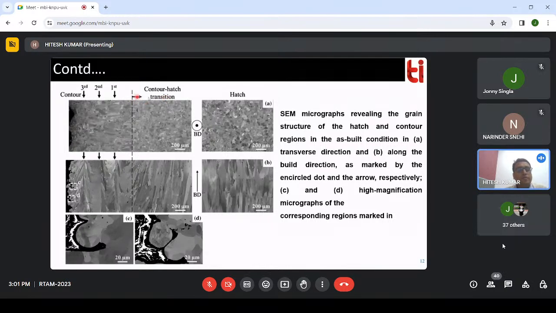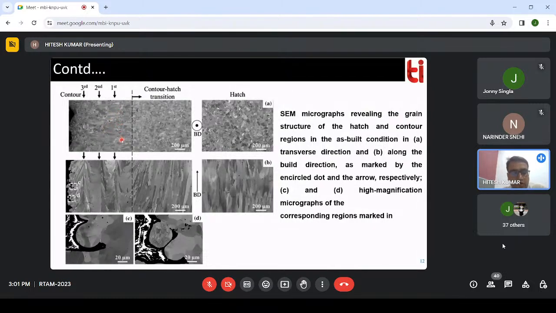But when we move from contour to hatch, the formation of fine grain structure is more. In the hatch direction, purely fine grain structure is observed. On the contrary, in the contour direction, the presence of larger grains or columnar grains is also observed.